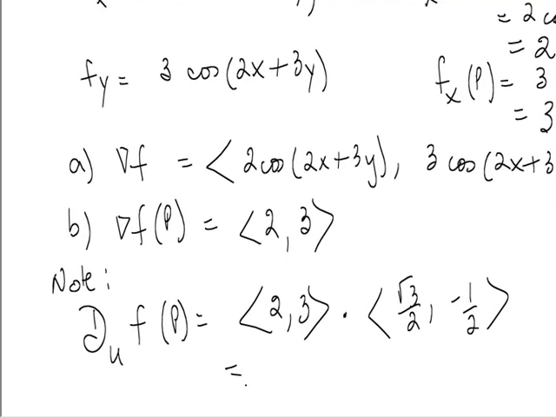Let's work that out. That's square root 3 minus 3 halves. Any questions?